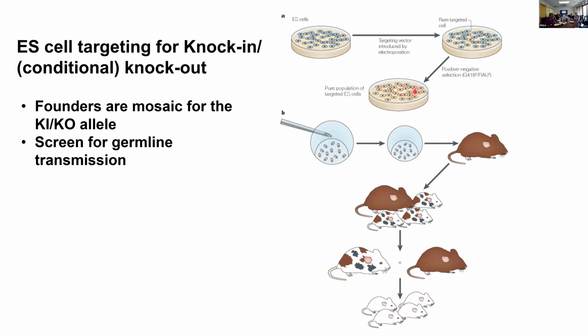Traditionally, when you do ES cell targeting, you first have to have a targeting construct. That construct you introduce into an ES cell culture. The foreign DNA gets introduced into the ES cells, and then you have to select for the positive ones that incorporate into the genome.